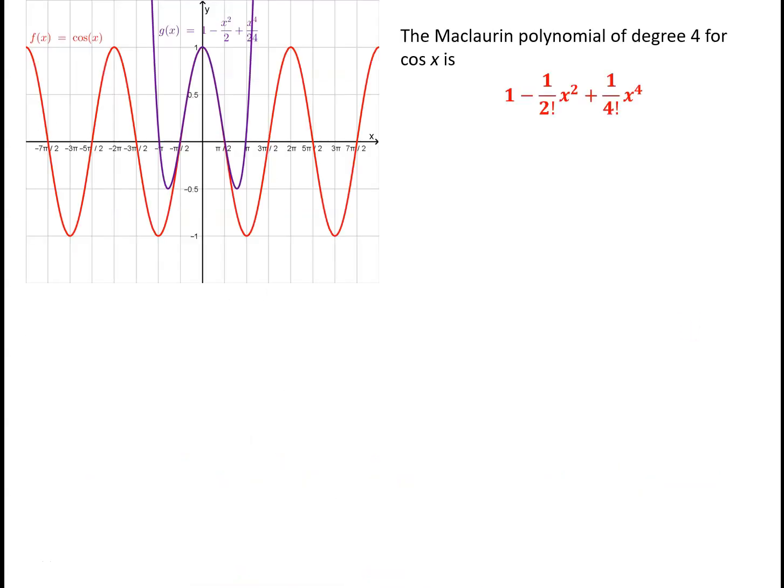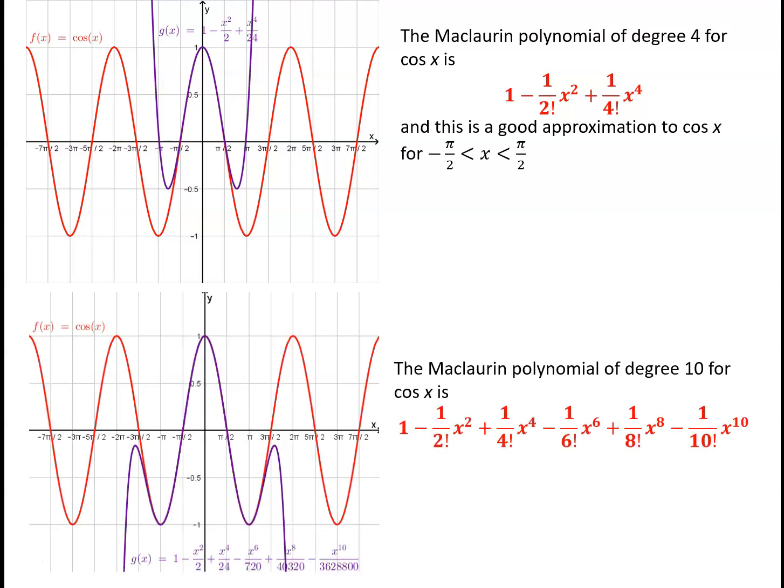So, looking at the graph of f of x equals cos x, which is the red curve here, and the graph of g of x, which is 1 minus 1 over 2 factorial x squared plus 1 over 4 factorial x to the 4, which is the Maclaurin polynomial of degree 4 for cos x, we can see that there's very good agreement between minus pi by 2 and pi by 2.